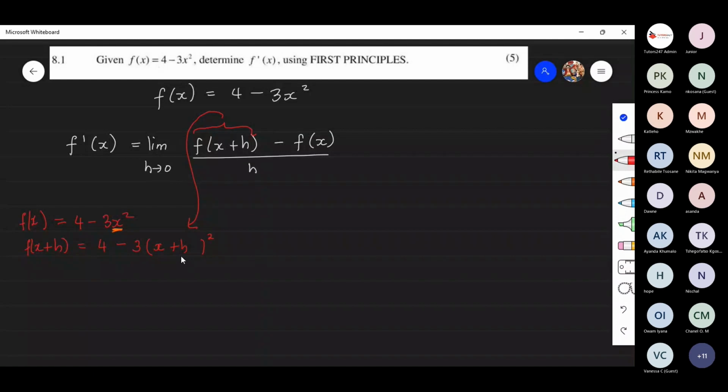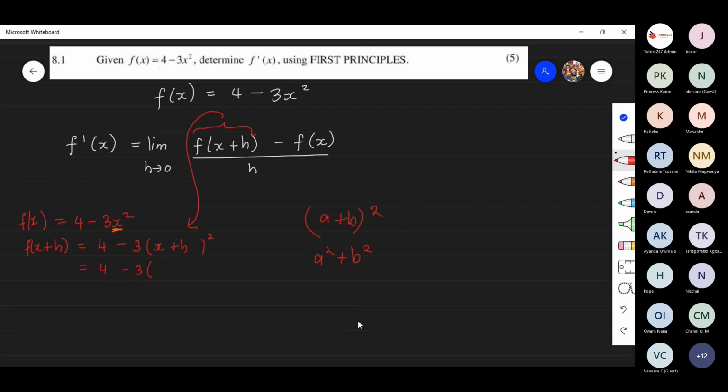From there, you can simplify this. So this is going to become 4 minus 3 into. Now, something important to take note of, it is incorrect to just say x squared plus h squared. That is not what you do. Whenever you have, let's say, for example, a plus b all squared, you do not say a squared plus b squared.